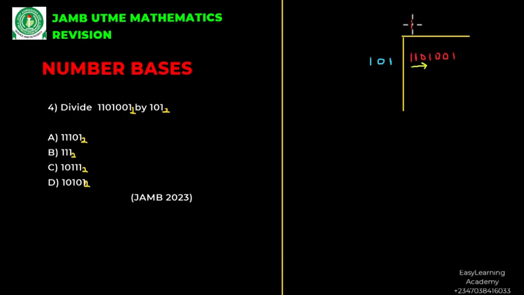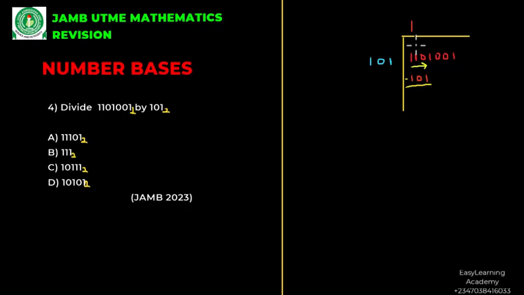Later we now multiply this 1 times 101. If you multiply that, it's going to give us 101, of course. So the next thing we're going to do will be for us to subtract 101 from what we had initially, that was 110. So let's subtract now. 0 minus 1 it's not possible, so we're going to borrow 1 from this other one here.